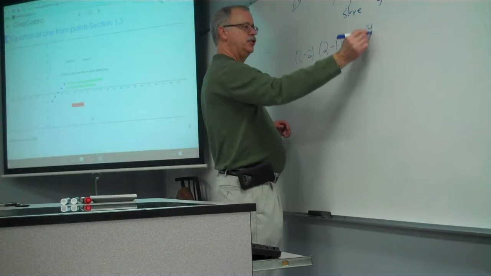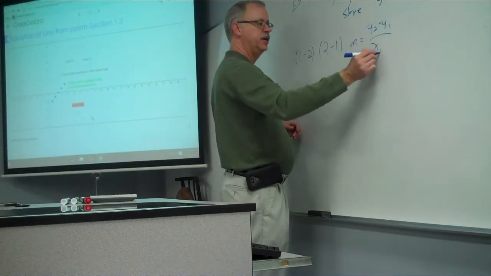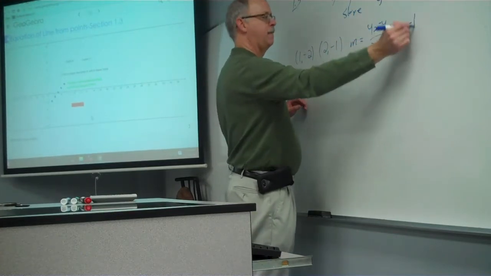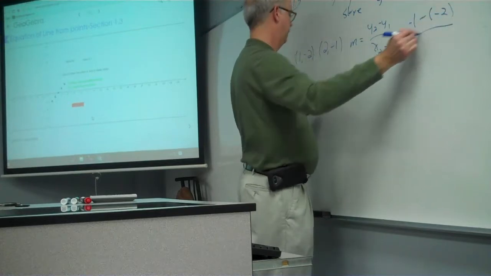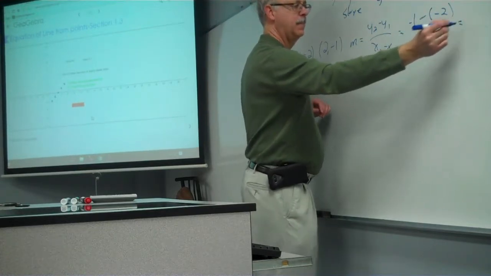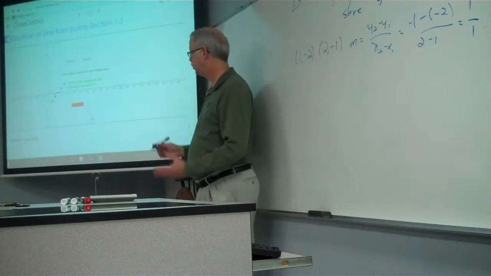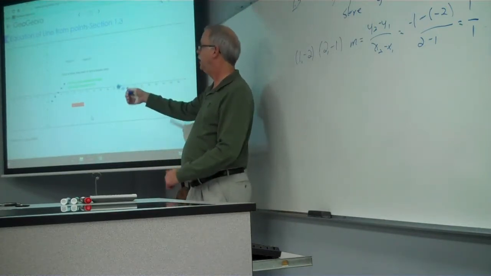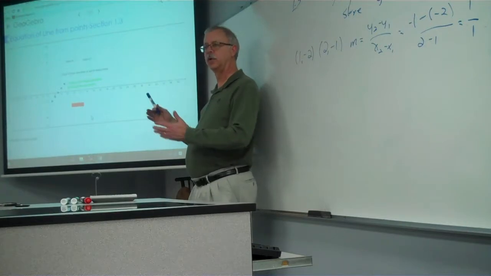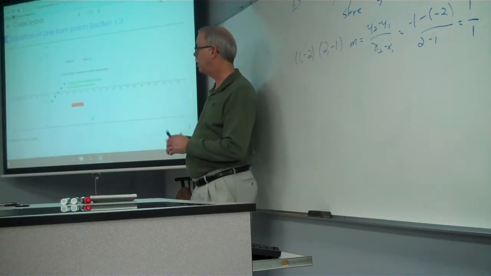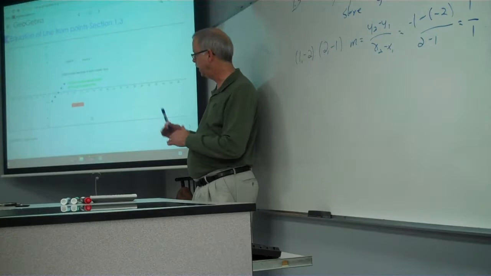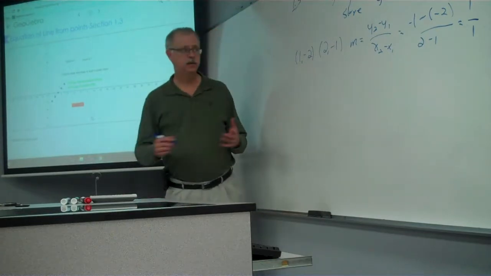So the slope, change in y over change in x. We've got a slope of 1. And we should be able to look at our points and realize, is the slope going to be positive or negative? Are we rising as we go to the right or falling? So we should be able to tell positive or negative. So the slope here is 1.